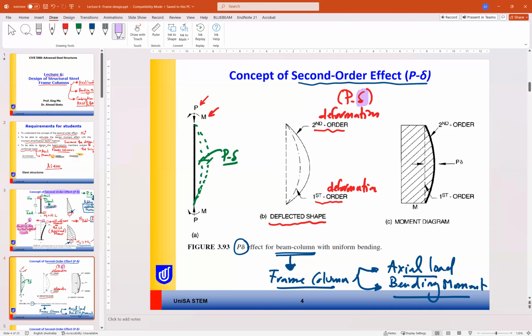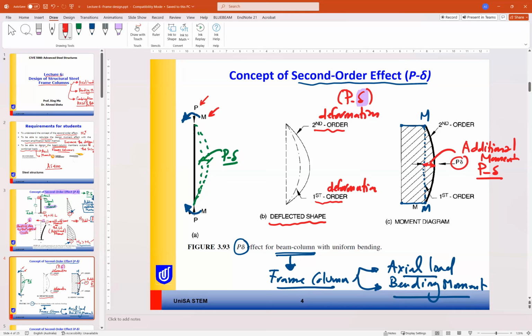So for example here, if we have moment M on this column, the initial shape for the moment is from here to here. Let's call it M, and this should be the initial value. But due to the buckling and the P delta effect, we have some additional moment. This value is our P delta. So P multiplied by delta is an additional moment.